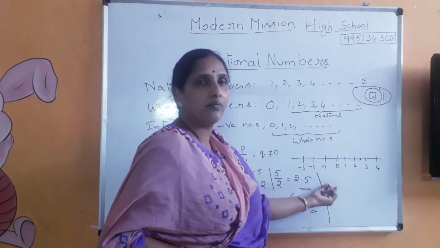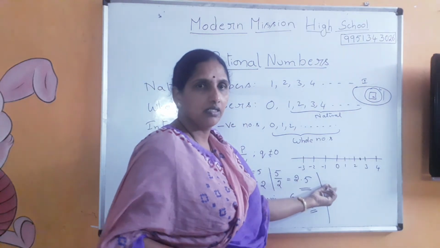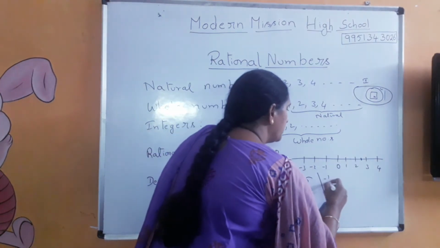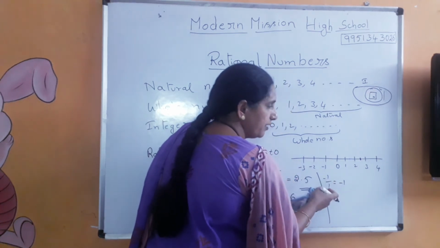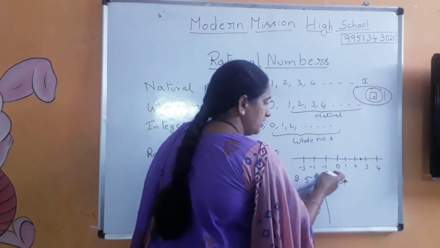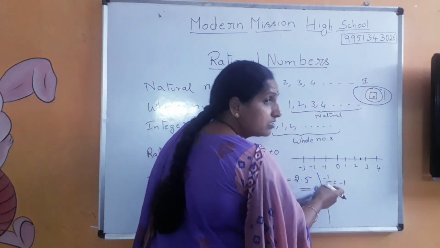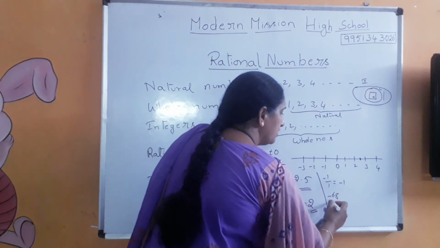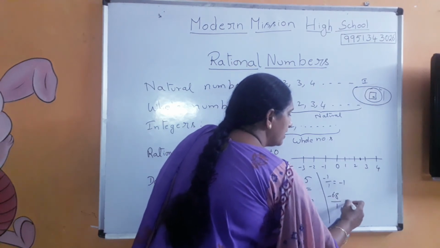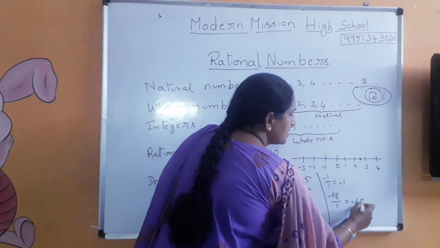Minus 1 divided by 1 is equal to minus 1. So minus 1 is expressed in the form of P by Q, where P is an integer and Q is a non-zero integer. So if I take minus 68, I can divide it by 1. I will get minus 68 again.